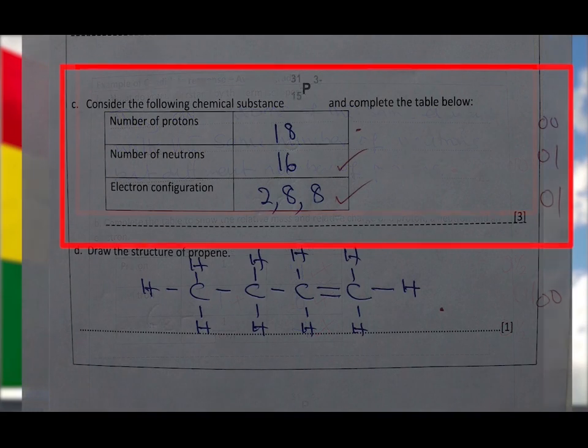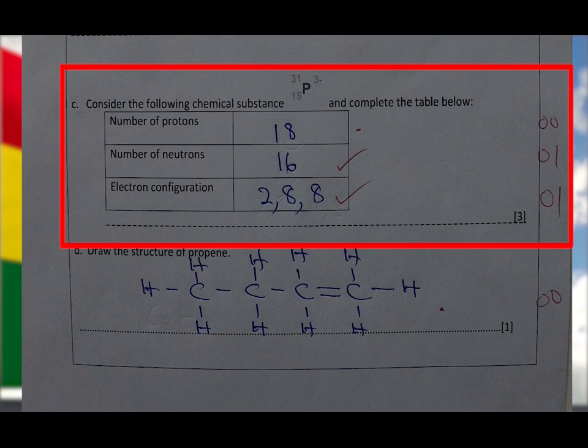Now in C, you got B correct. In C, you assumed wrongly that the total number of electrons equals the number of protons in an ion.